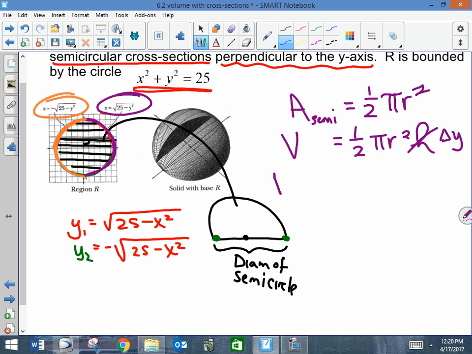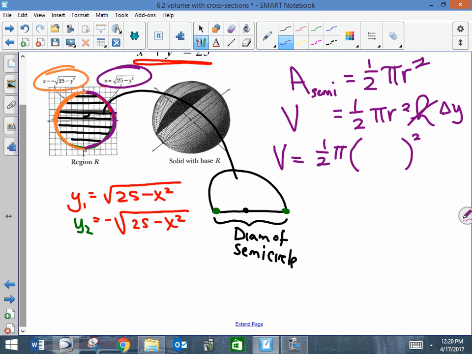All right, I need an r. This is my diameter. What's the difference between diameter and radius? Radius is half. So my diameter is purple minus orange.